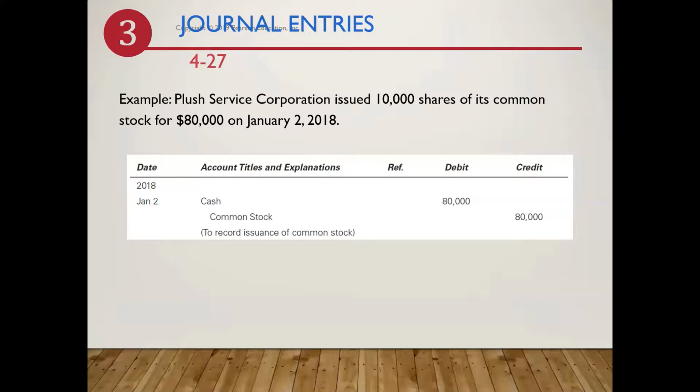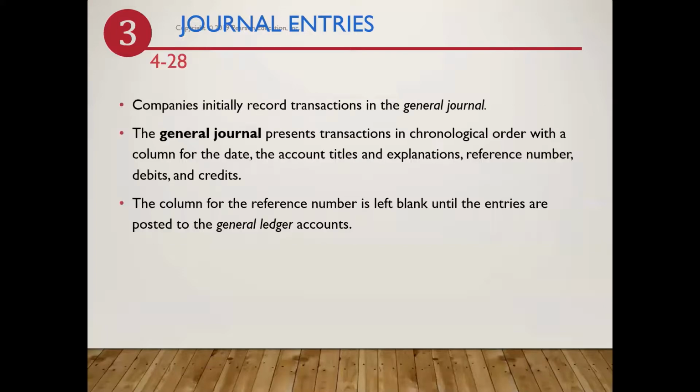And below you see there's a brief explanation as the reason for the journal entry, and it is to record issuance of common stock. Because events are recorded in the general journal first, it is known as the book of original entry.